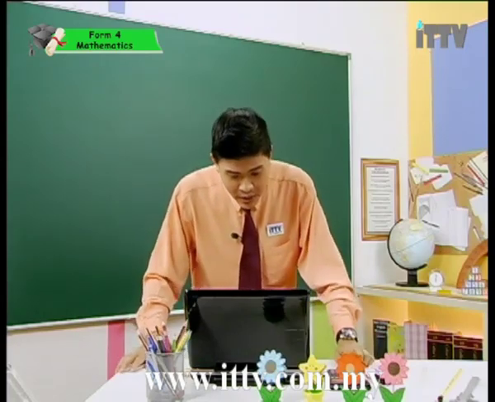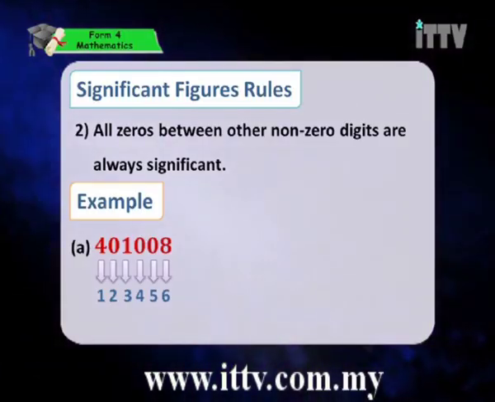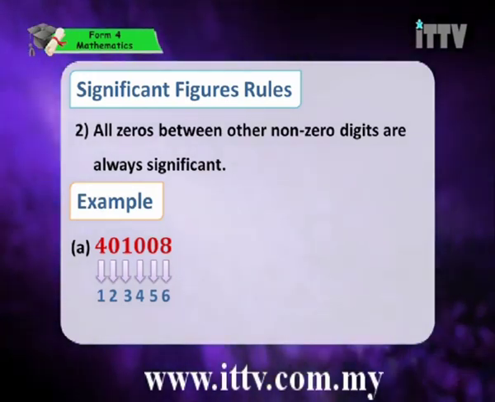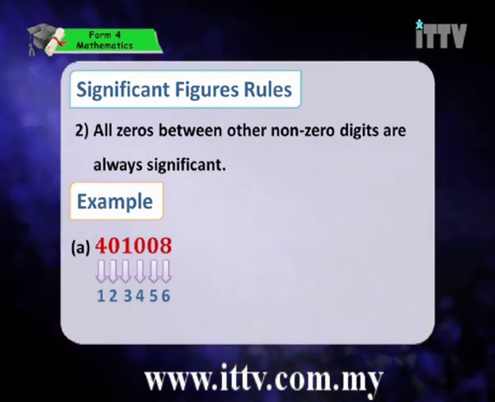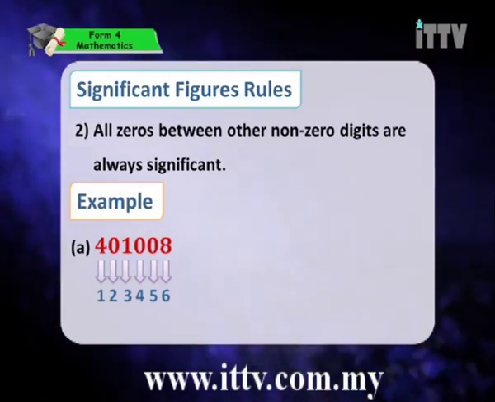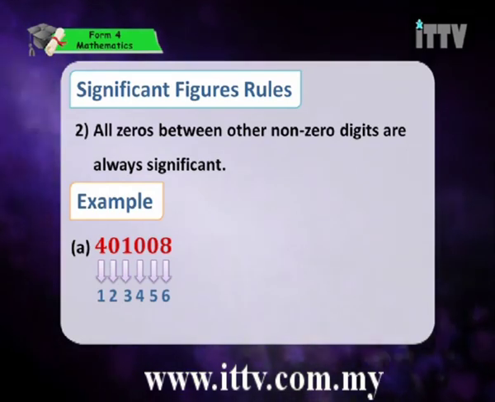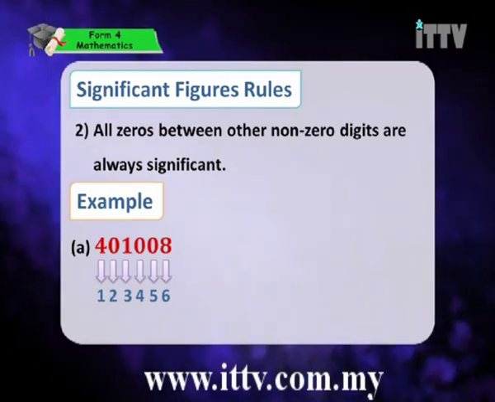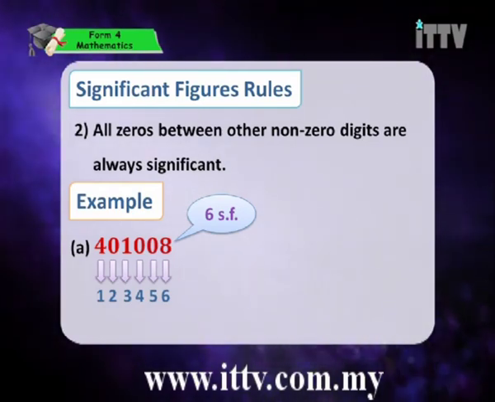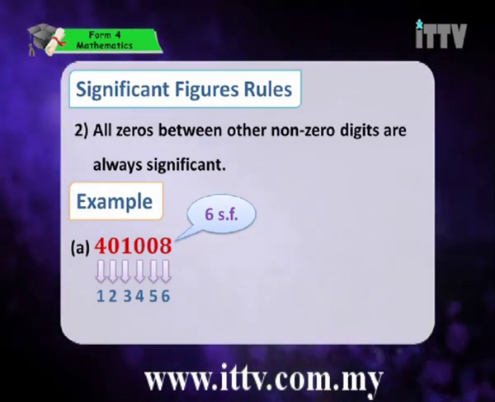Alright, so look at this number again. Since the zeros are between non-zero digits, none of the zeros are exposed, so this number has 6 significant figures. 1, 2, 3, 4, 5, 6, left to right. So this number is considered to have 6 significant figures, or 6 SF.